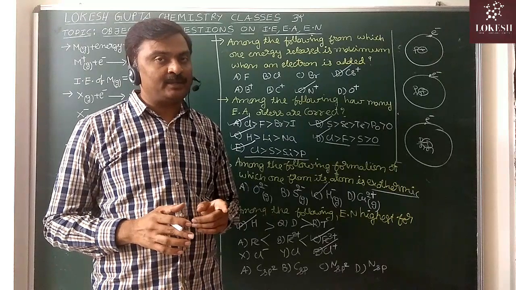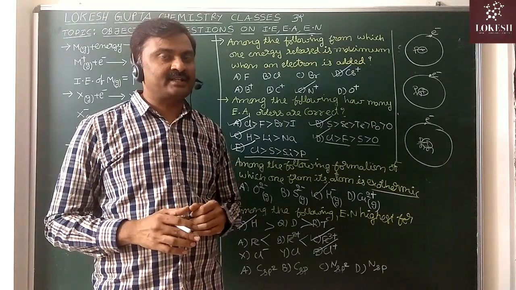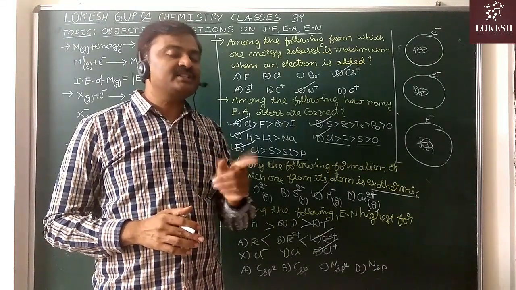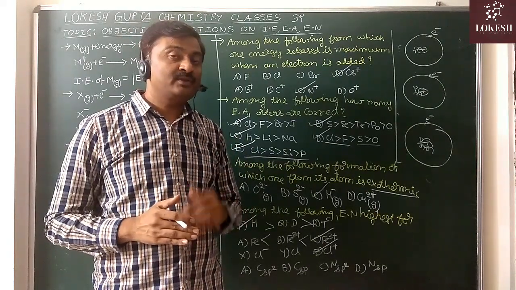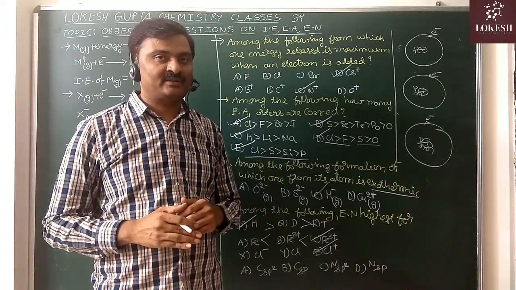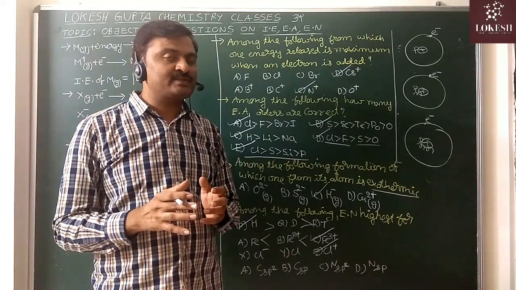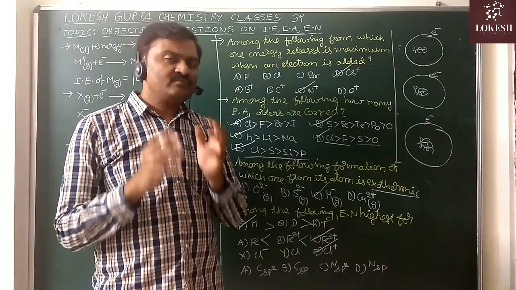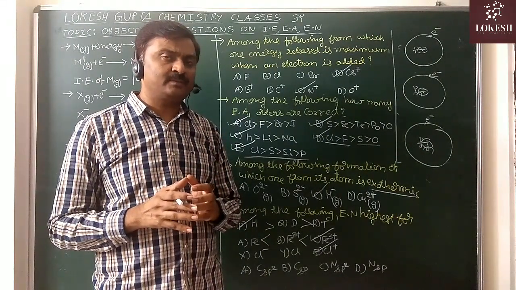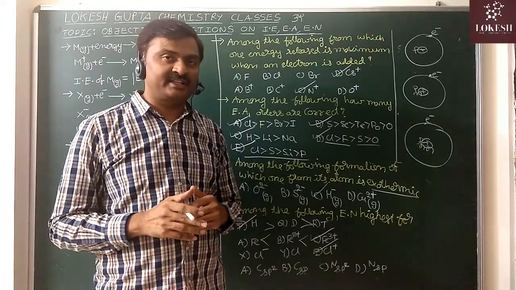For sp3 hybrid orbital, 25% is s character. For sp2, 33.3% is s character. For sp hybrid orbital, 50% is s character. So for which one is s character more? sp hybrid orbital. With increasing percentage of s character, electronegativity will increase.